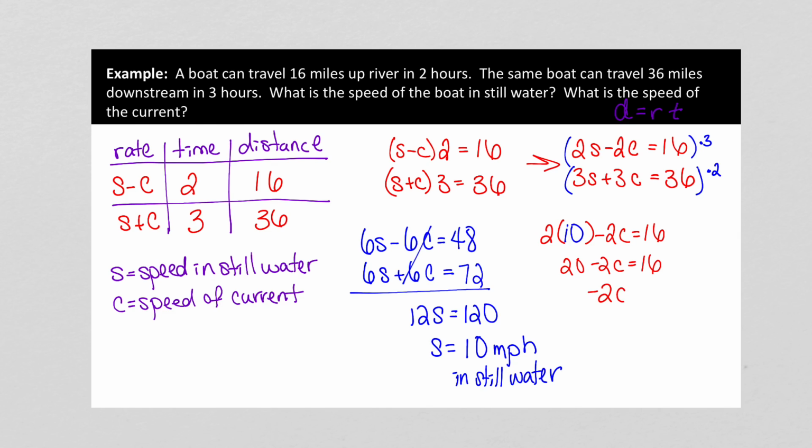Subtract 20 from both sides. Divide those sides by negative 2. And the speed of the current is 2 miles per hour. Okay, so there's several examples of modeling with systems of equations.